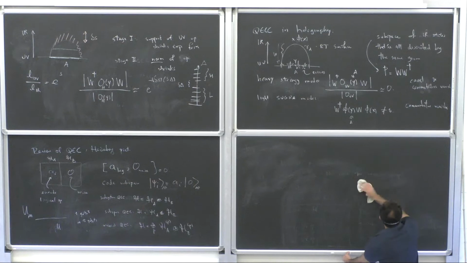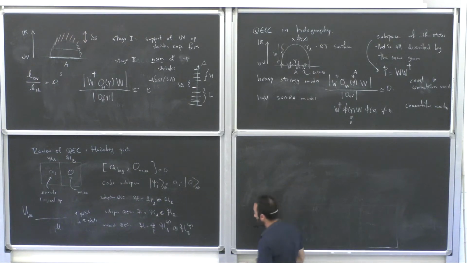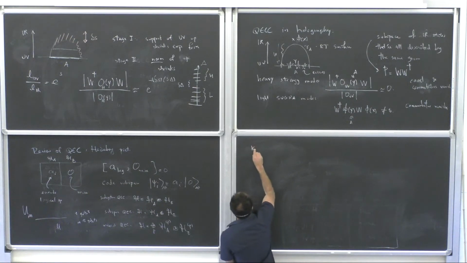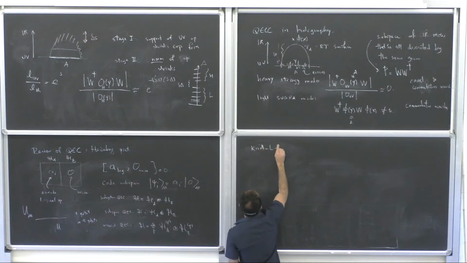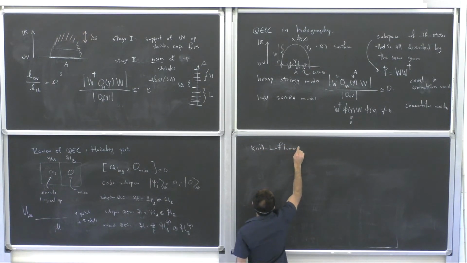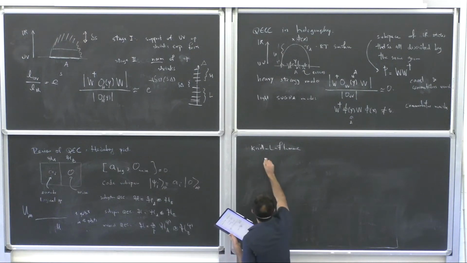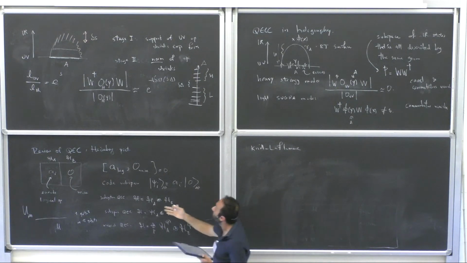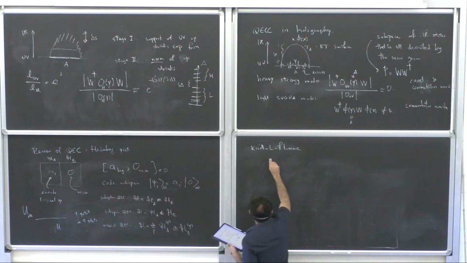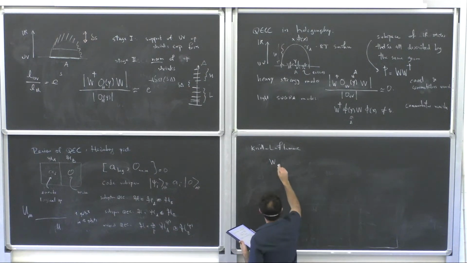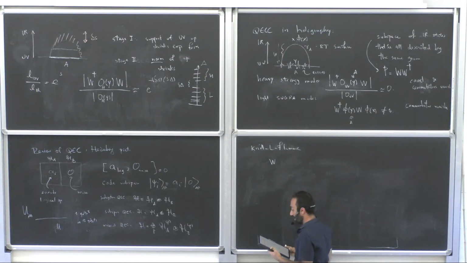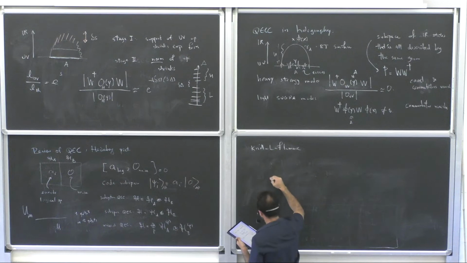So how do we formalize this? Knill and Laflamme taught us a very simple way to think about this. The quantum error correction condition, a la Knill-Laflamme, is this. Let me write it this way.